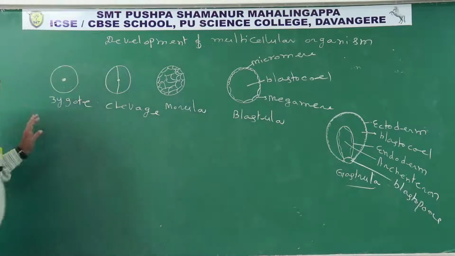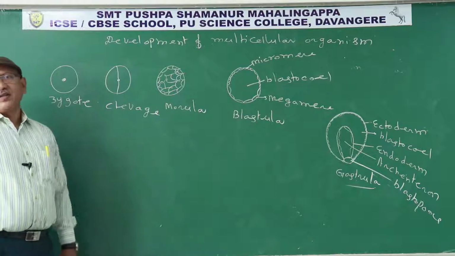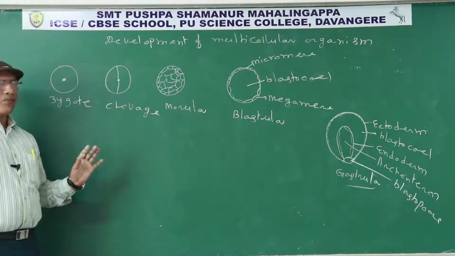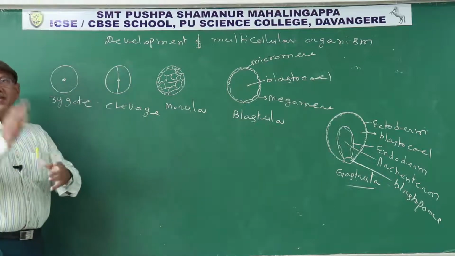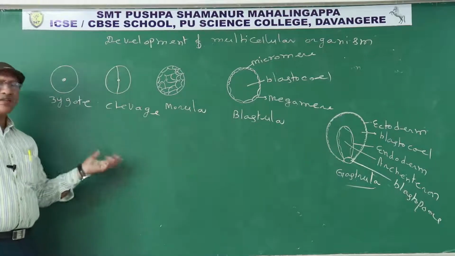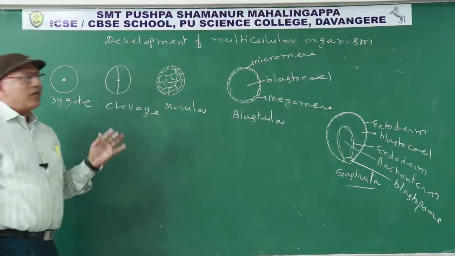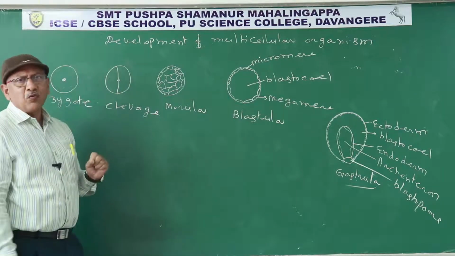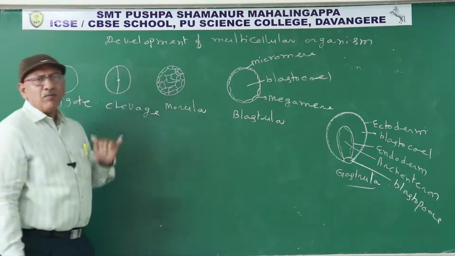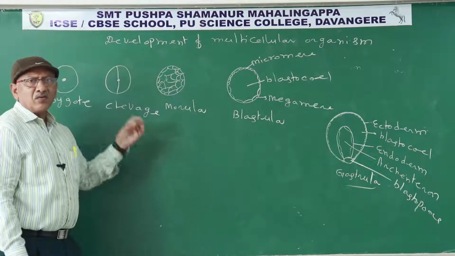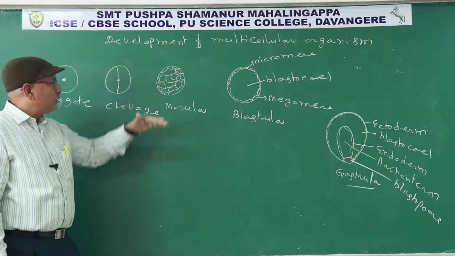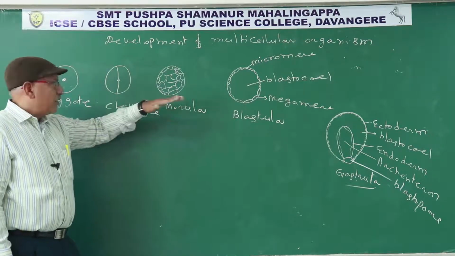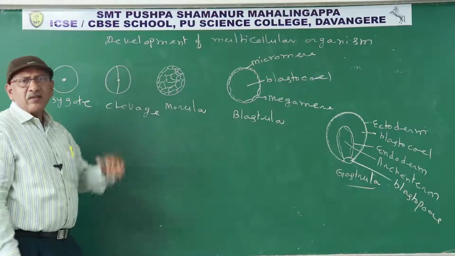Once again, the development of all multicellular animals begins with a single-celled zygote. The zygote undergoes cleavage. Division of the zygote is known as cleavage. After repeated cleavages, a solid ball-like structure is formed, known as morula, the first developmental stage.